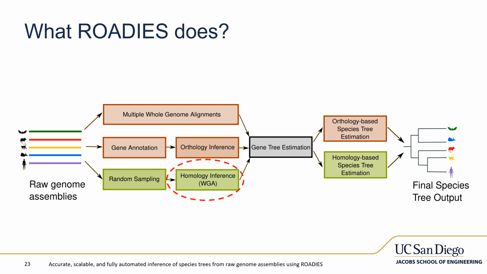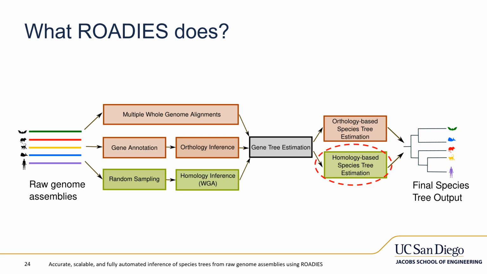Apart from the random sampling, we do homology-based inference instead of orthology inference, because in orthology inference, the user needs to specifically pick out orthologs and paralogs, but homology inference is much easier than that, and that allows us to make our tool much faster.